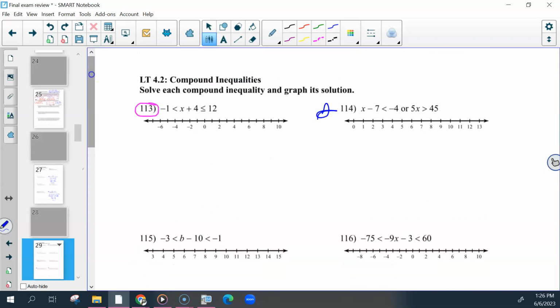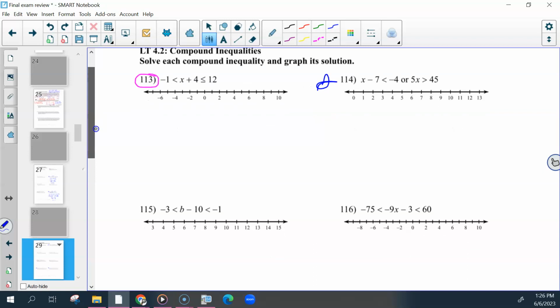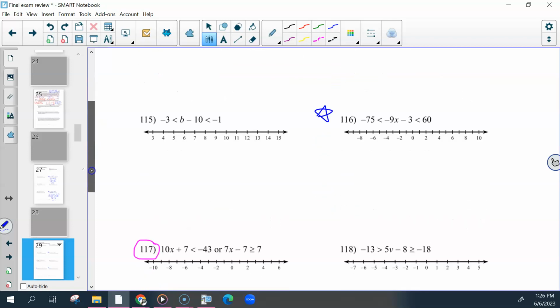These are all words. Do we want to change one to an and? Instead of 114, 116, everything is in one equation, one inequality, so you know it's and.